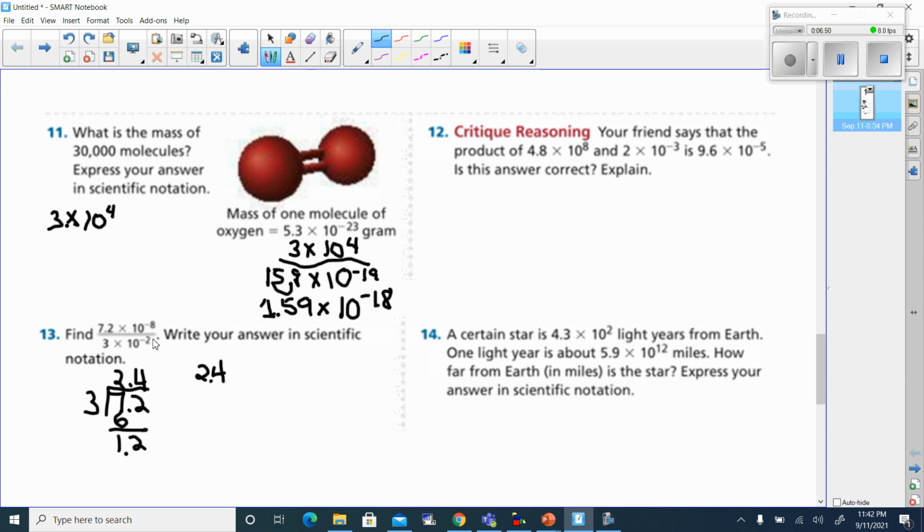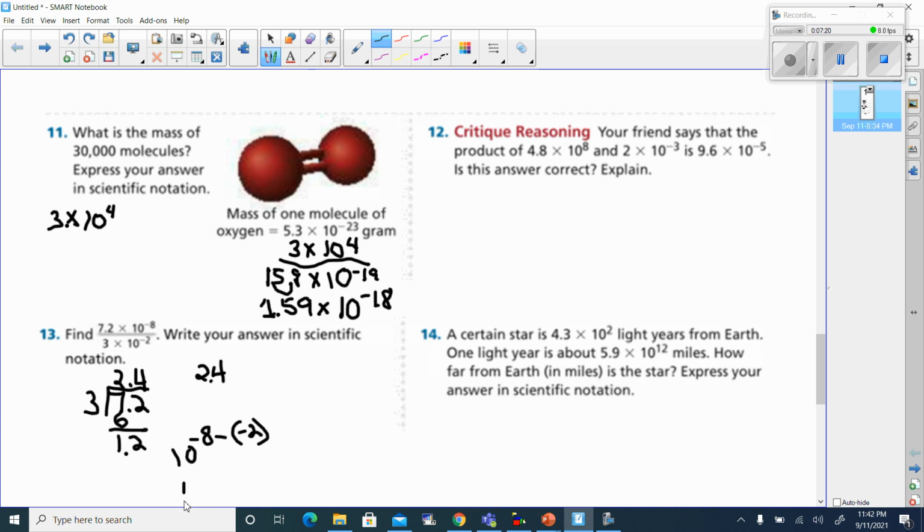All right, and now we got to figure out our power of 10. Well, we have 10 to the negative 8, and we're subtracting a negative 2. But don't forget, we can't just combine these two because we're subtracting. So now we have a negative times a negative, and that's going to make a positive.